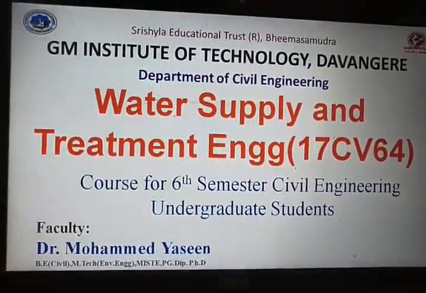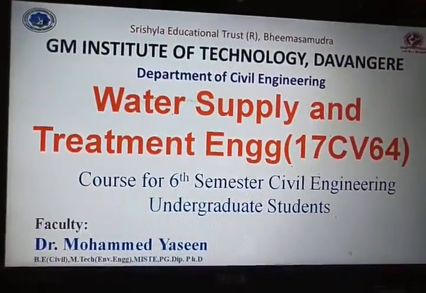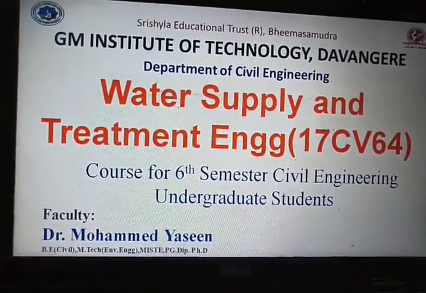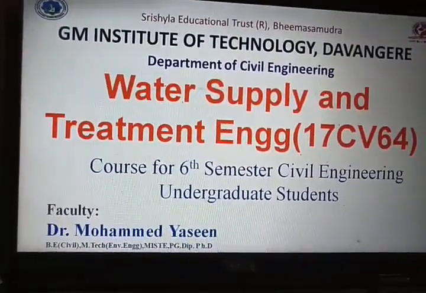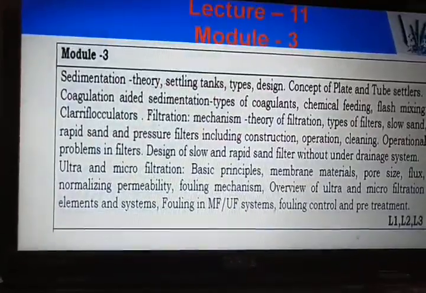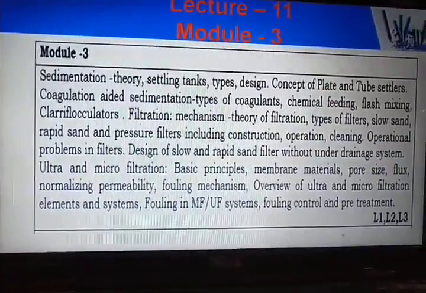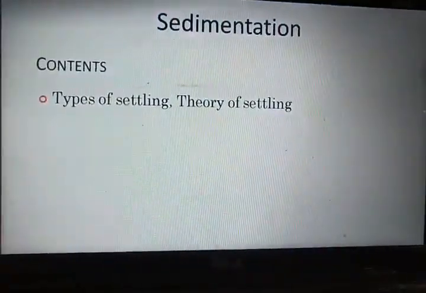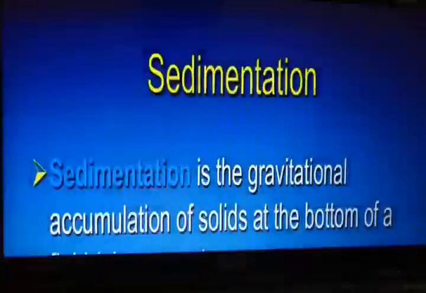Yesterday we learnt about the basics of sedimentation, what is meant by a sedimentation tank, and some of the introductory part of module 3. I'll just run through the slides.